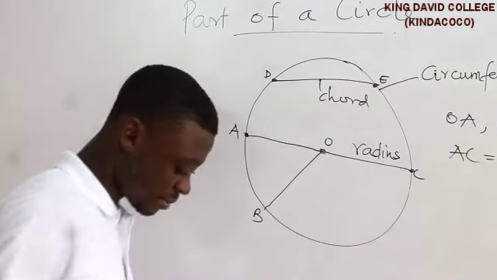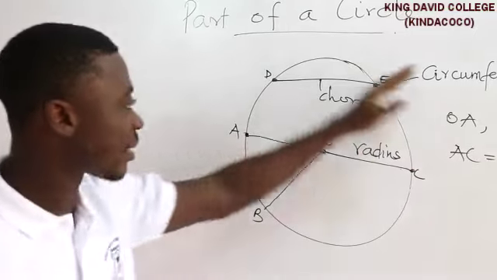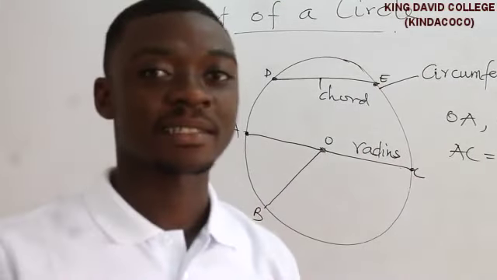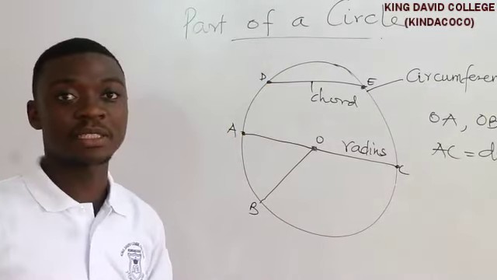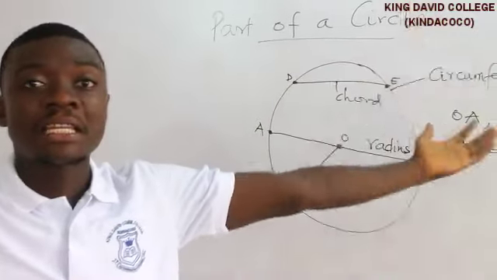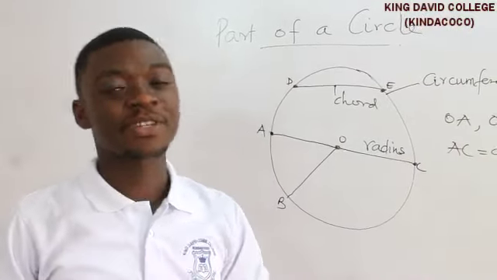So the question will be, what is the difference between the diameter and the chord? The difference is where it is passing. The chord is simply a line starting from any part of the circumference to another part, anywhere in the circle, with the exception of passing through the center.